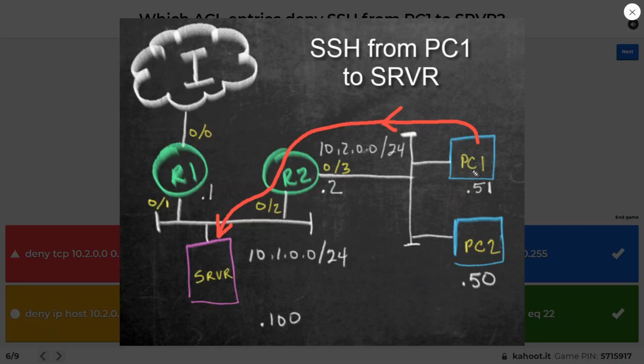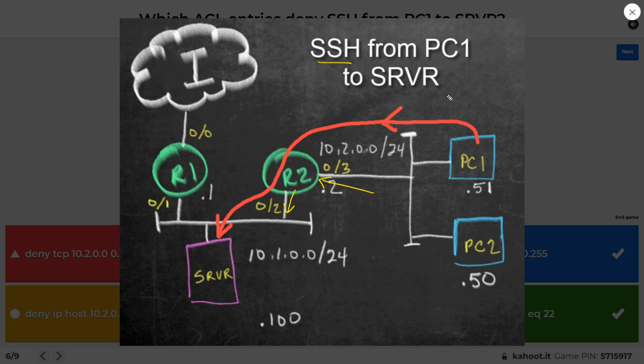So if we wanted to stop PC1 from SSHing to the server, we have several options. We could have an access control list inbound here on gig 0/3, whatever the flavor is of that interface. We could have the access list applied outbound here. That would work. And then we have to match on the protocols.